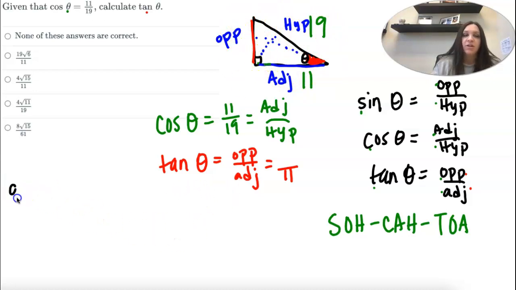So if I use Pythagorean Theorem, a squared plus b squared equals c squared, c is always the hypotenuse, and then the other two, the order doesn't matter. So we'll do 11 squared plus b squared equals 19 squared, and I'm going to solve for b.